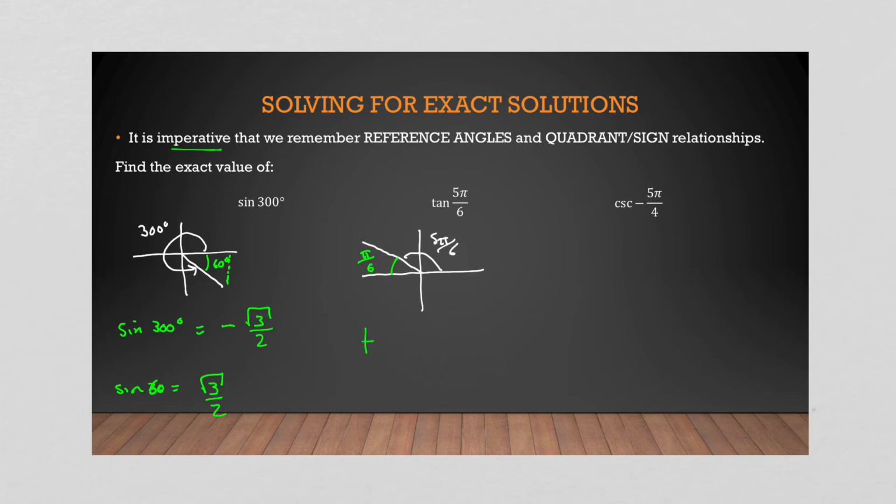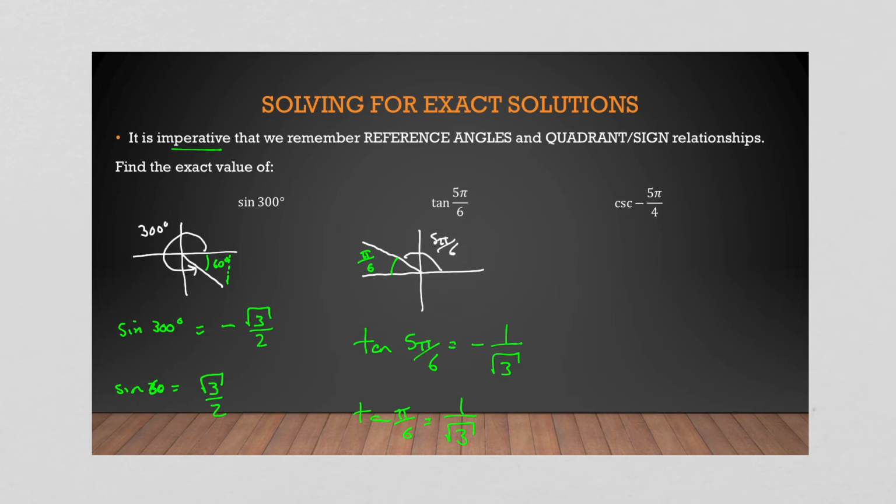So tan of 5 pi over 6 is exactly the same as tan of pi over 6, and tan of pi over 6 is equal to 1 over √3. So does that mean tan 5 pi over 6 is equal to 1 over √3? No, it means it is negative 1 over √3 because we are in quadrant 2. So the quadrant is going to be incredibly important.